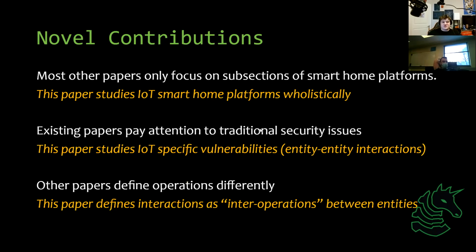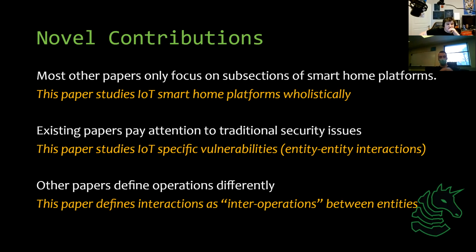So the novel contributions of this paper. Most of the other papers in IoT security focus on subsections of smart home platforms, something like a smart vacuum or smart lights. This paper instead decided to study the platforms themselves, pretty holistically. So look at the whole platform. Second, existing papers paid attention to the more traditional security issues, whereas this paper studied IoT-specific vulnerabilities.